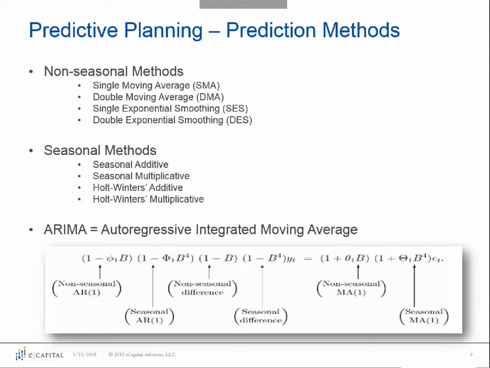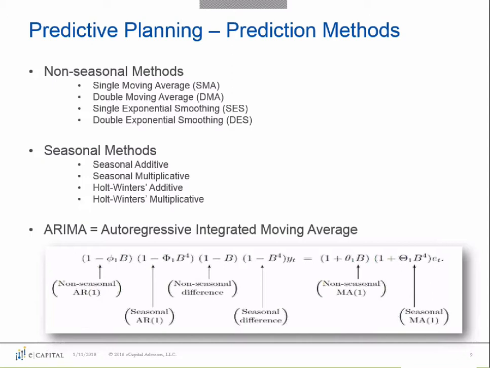Here are some models or methods that Oracle uses and are built into the predictive planning feature. I don't want to get too far into the weeds here since it is a bit of statistical terminology and things like that. But there are, like I said, non-seasonal and seasonal methods.